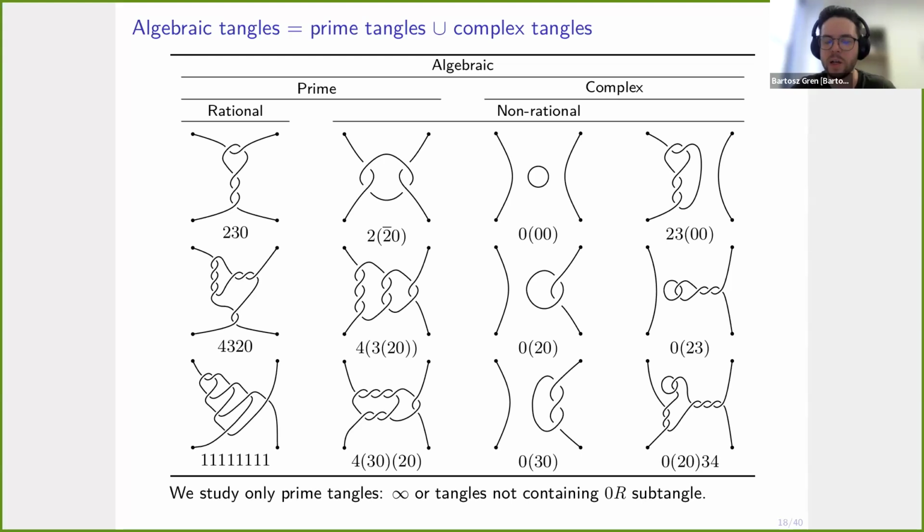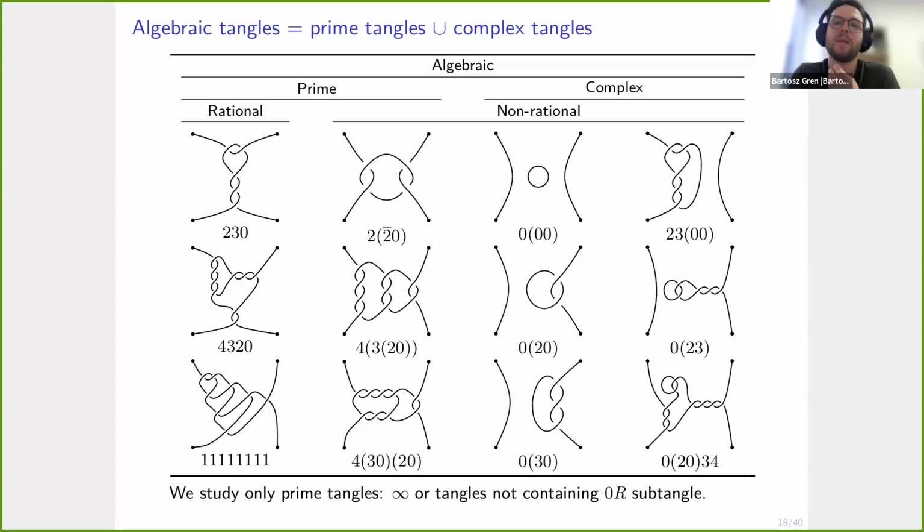If you look at the diagram on the very bottom, you can see a quite complicated tangle with a ring on it. And you can imagine this ring can be moved along the strand to any place on this strand, which makes classification much harder.